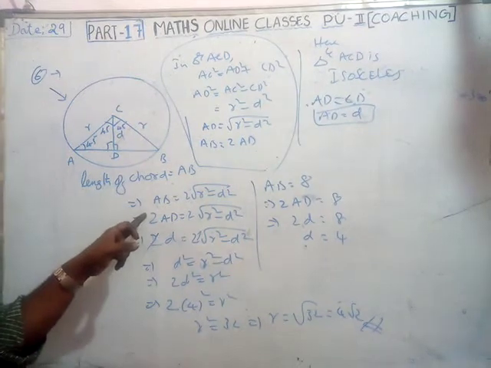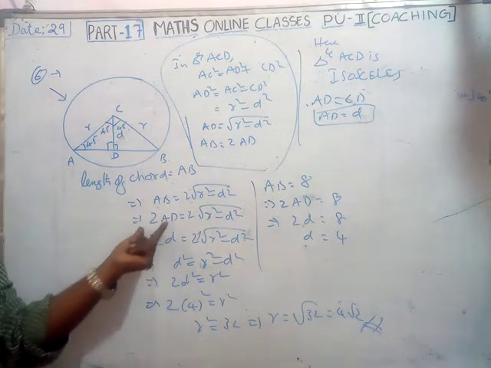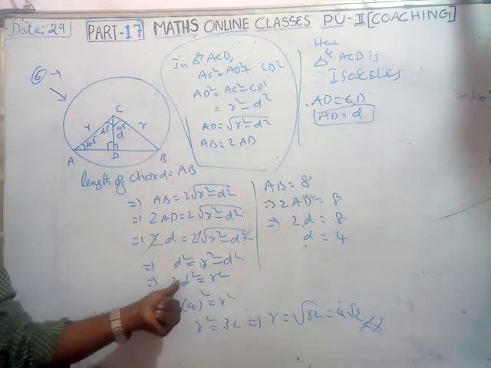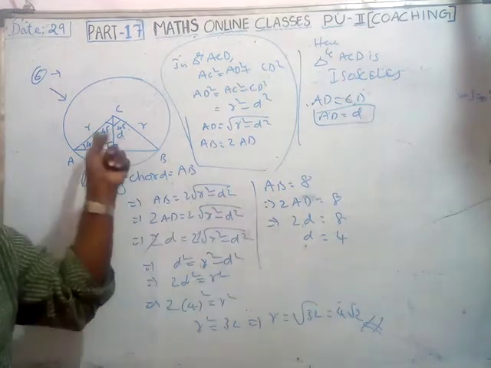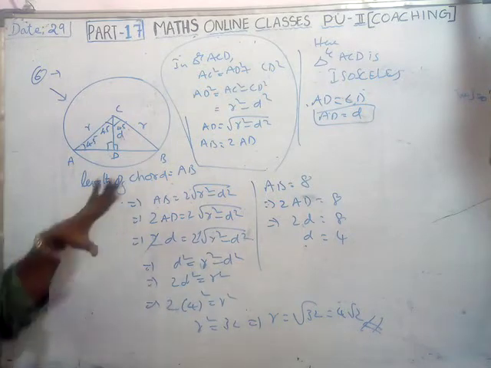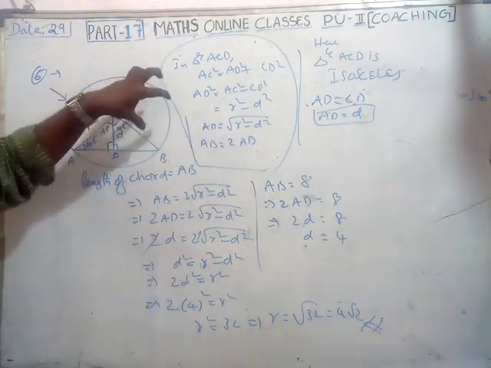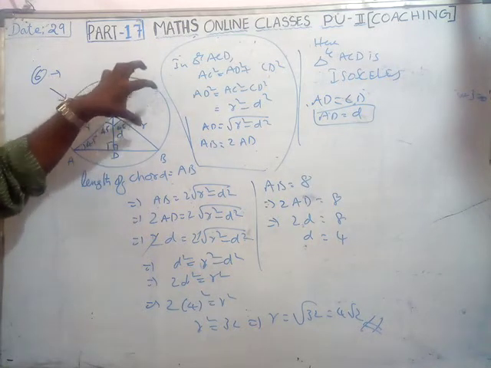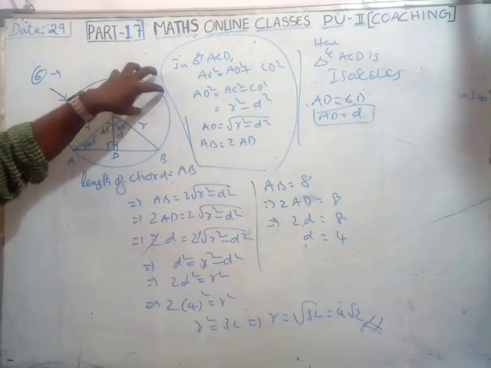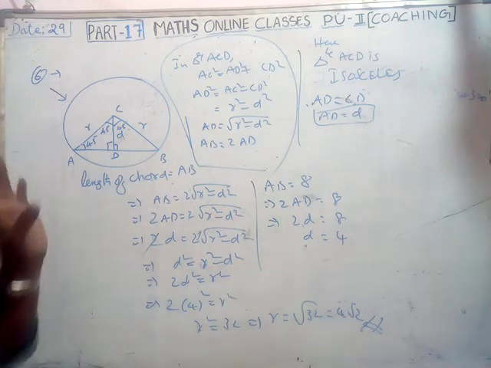AB means 2 AD, 2D. Here we are getting R square is equal to 2D square. But what is D? By the given, it is 8 units length, so D is 4. I am substituting. Everything is a concept. Here the concept is explained and the problem is explained. Sixth problem, just pass.